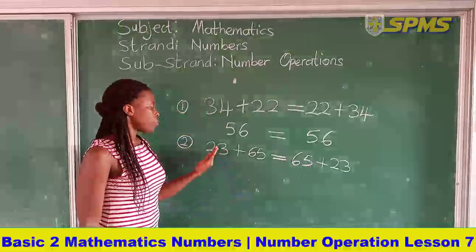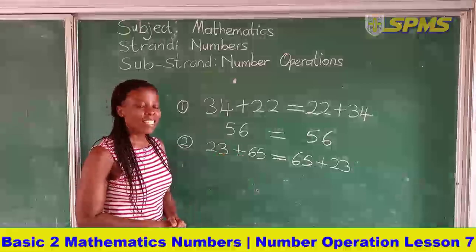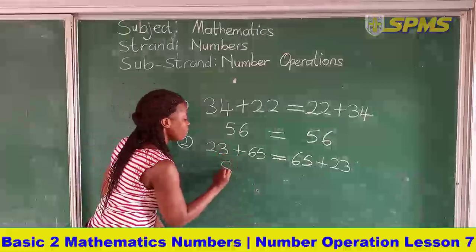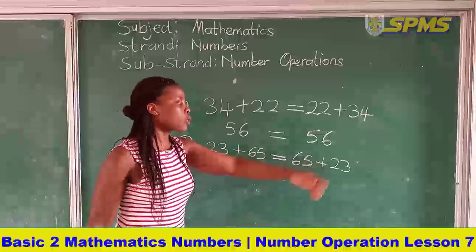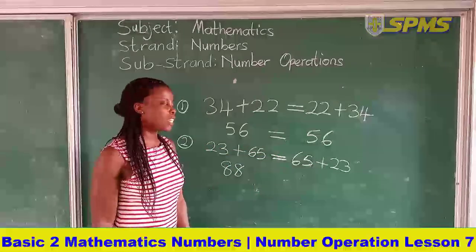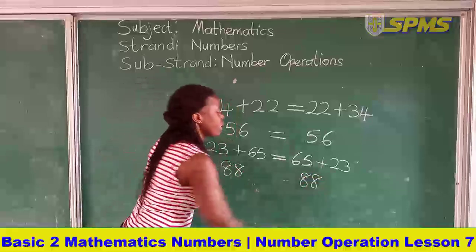Okay, 23 plus 65 will give you what? 88. And when you add 65 plus 23, what do we get on the other side too? 88.